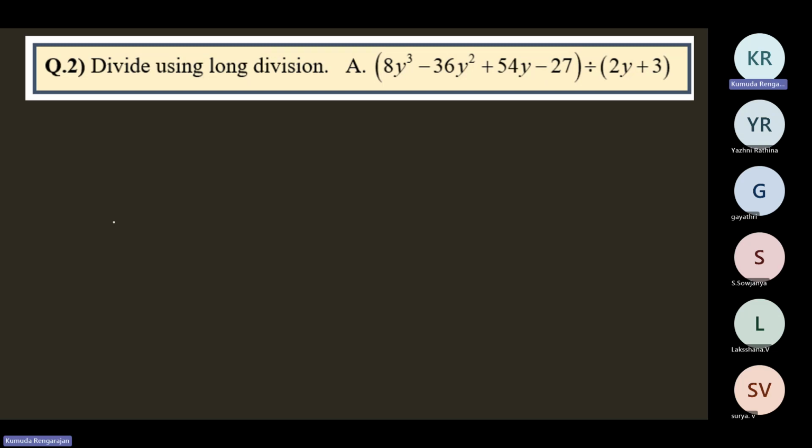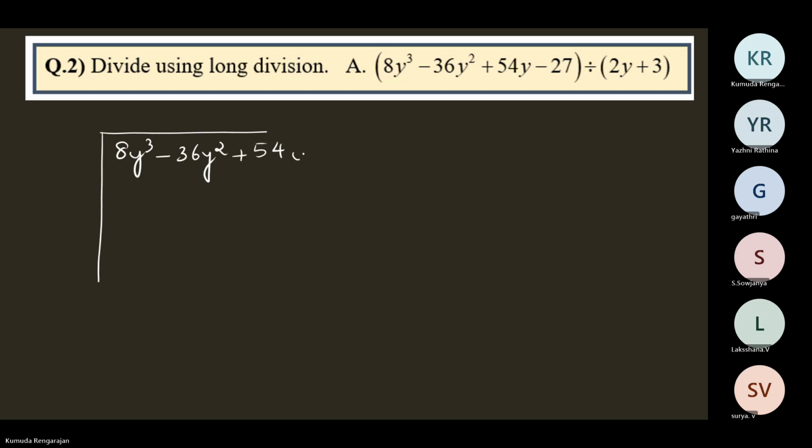Divide using long division. To initiate the division process, we need to divide the first term of the dividend by the first term of the divisor.